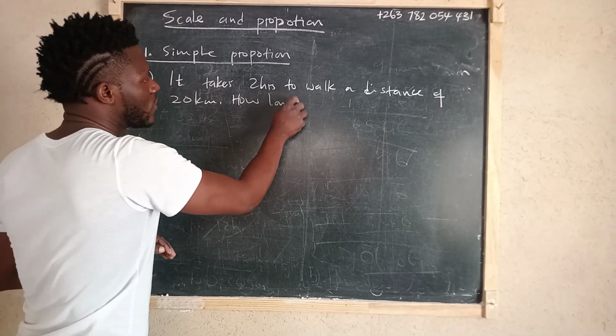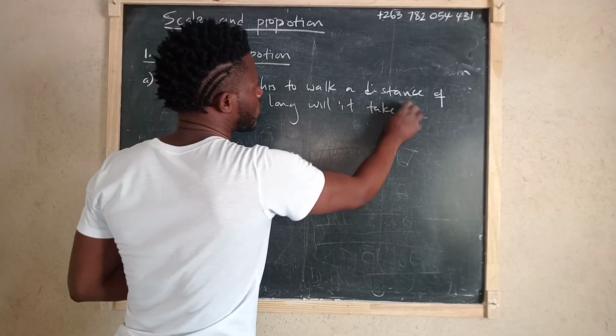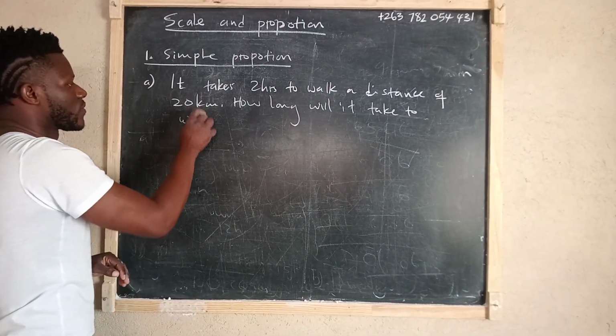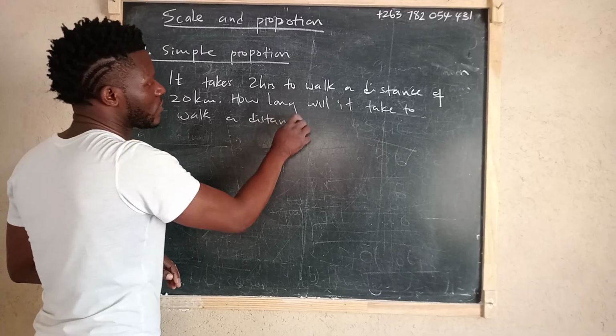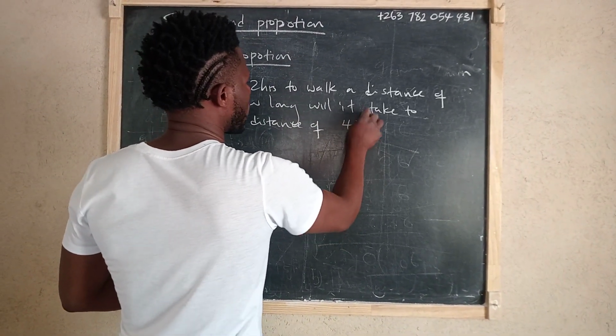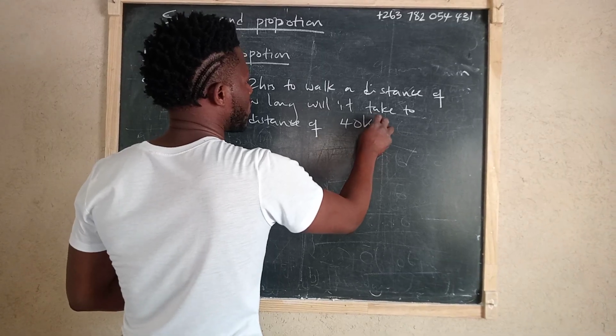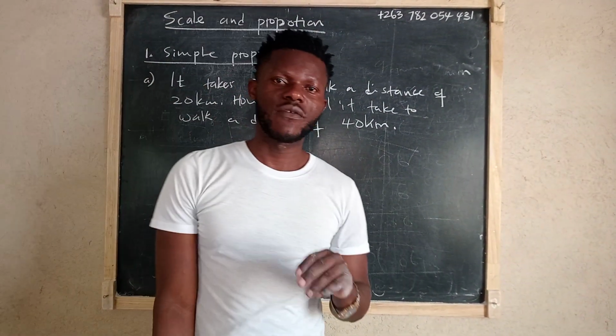How long will it take to walk a distance of 40 kilometers? In a simple proportion, you'll be given 2 sets of data.